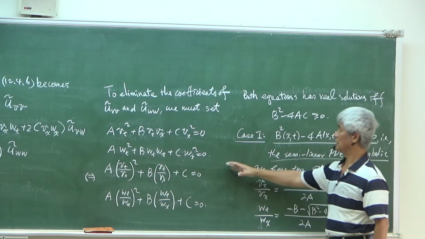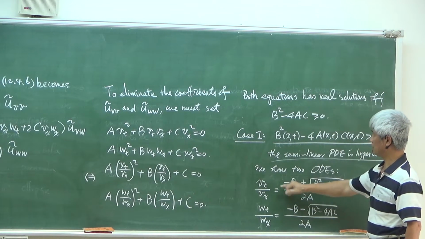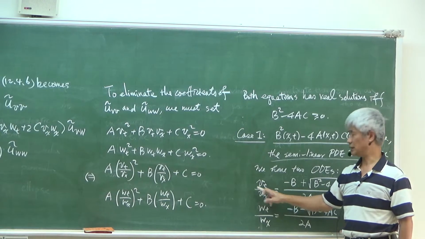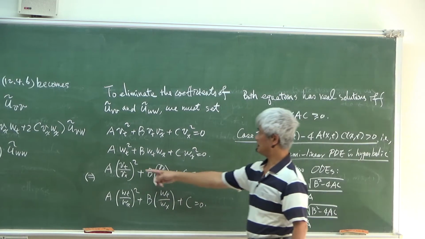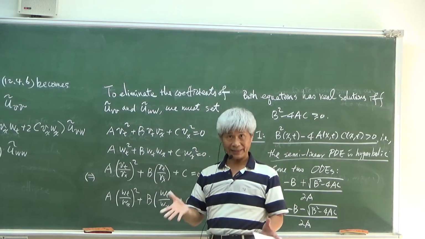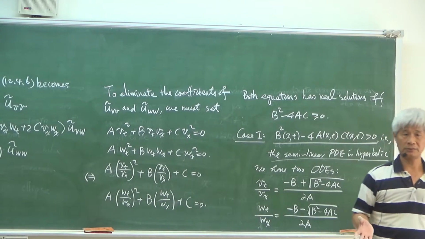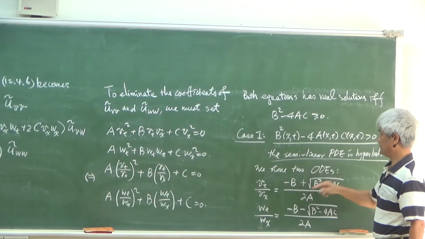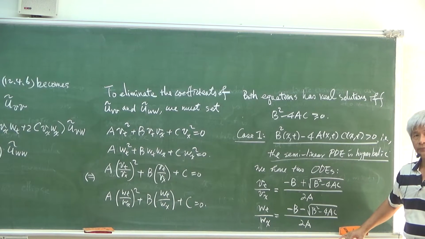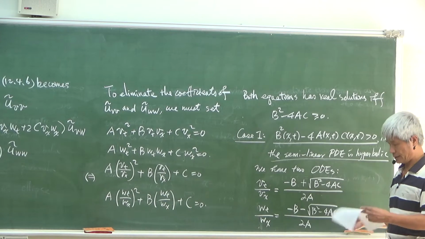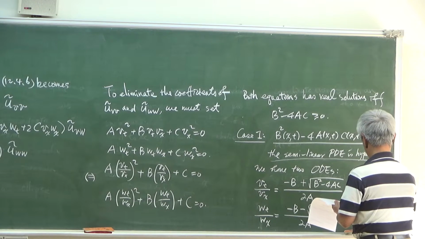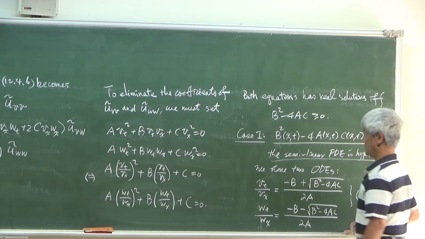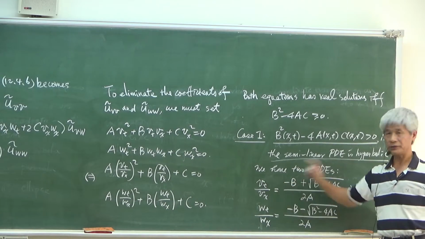Because we have two solutions, one is for the V coordinate, the other for the W coordinate, because these ratios satisfy the same quadratic equation. We call these equations 12.4.7. So we have the ratio of the partial derivatives here.